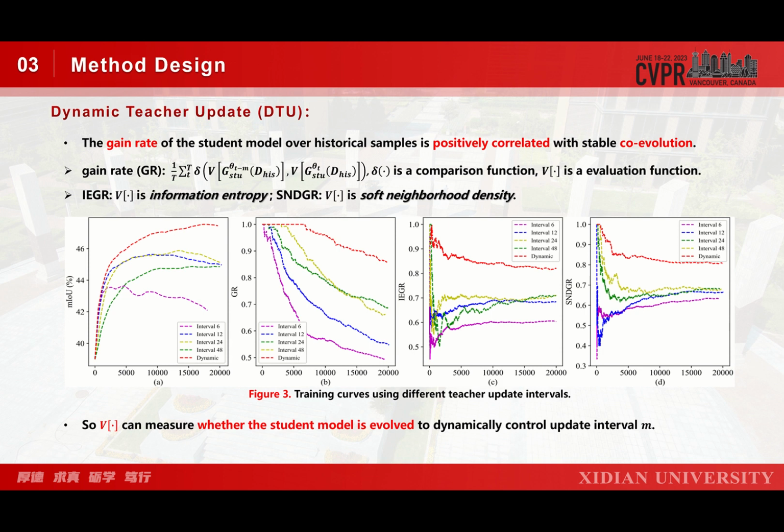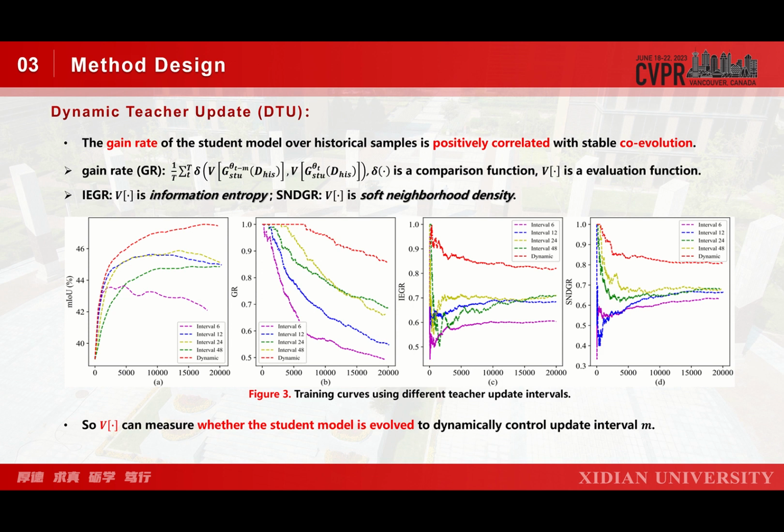Exotic changes in student model performance over historical samples during an update period can reflect evolution, and we calculate the average gain rate GR. We designed two forms of the evaluation function, and we plot the curves of the mIoU score of the teacher and GR with training as shown in Figure 3.